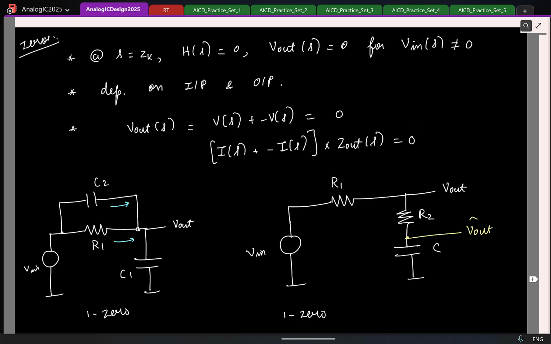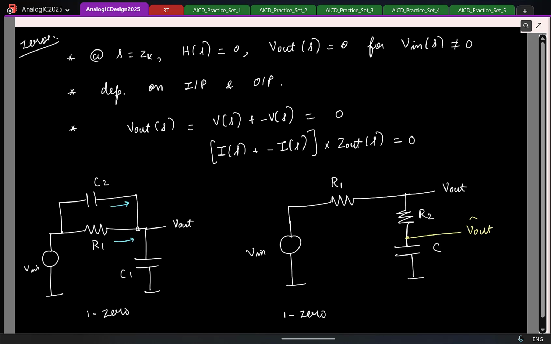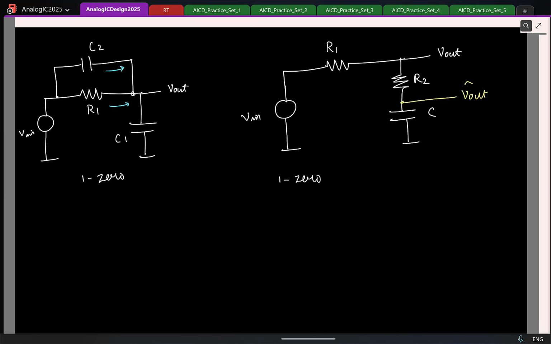So let me take the same examples we saw, so now we can easily check. Let us say this is the circuit. Here let's check if I have 1 0. I have two capacitors.